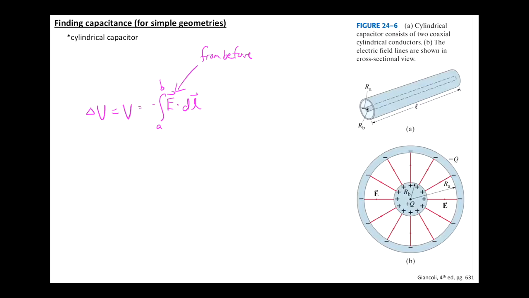You can go back. It's in your notes. The electric field looks like this. It is 1 over 2 pi epsilon naught times lambda, the linear charge density, over r. Or we could rewrite that as 1 over 2 pi epsilon naught times Q over L r. Q over L is just the linear charge density.